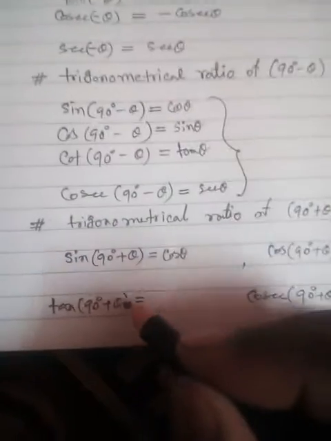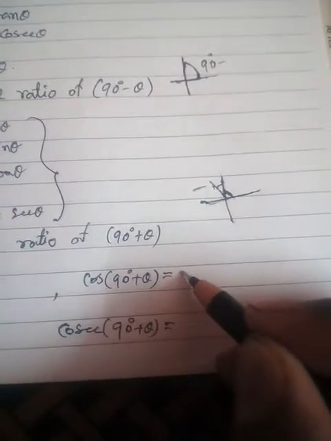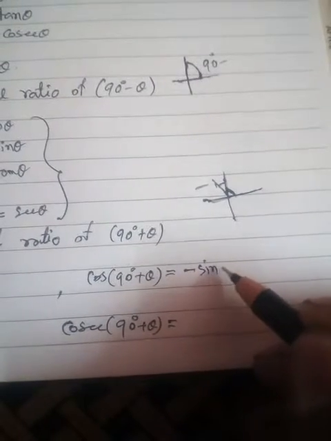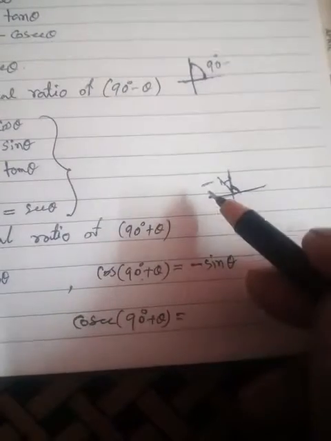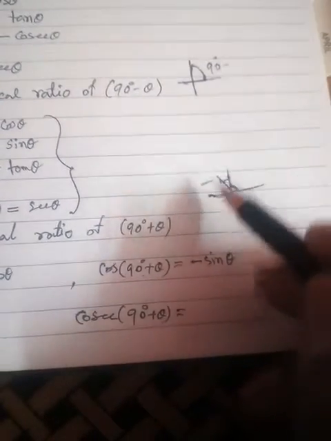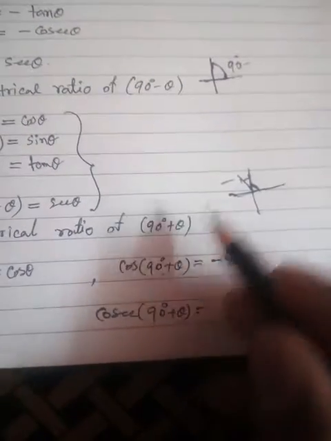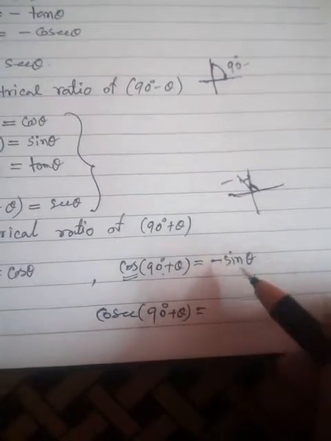Cos of 90 degree plus theta will be minus sin theta, because the angle is situated in the second quadrant, and in the second quadrant only the sin value will be positive, and in this case it is the cos value, that's why it will be negative sin theta.